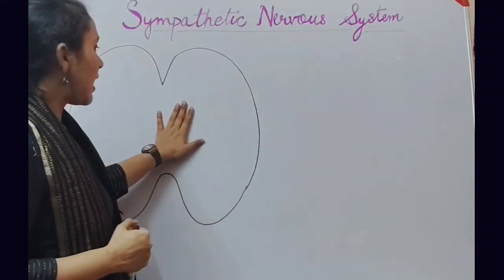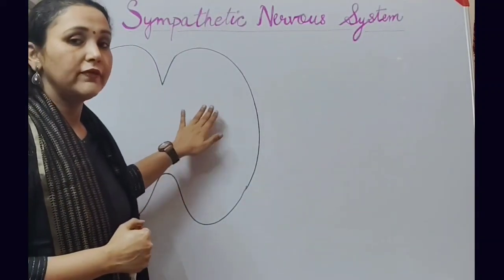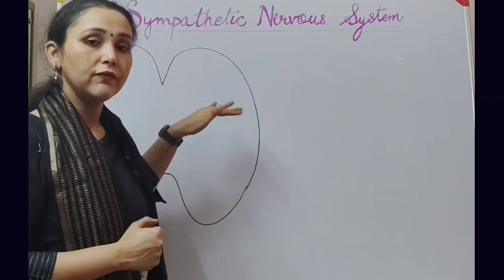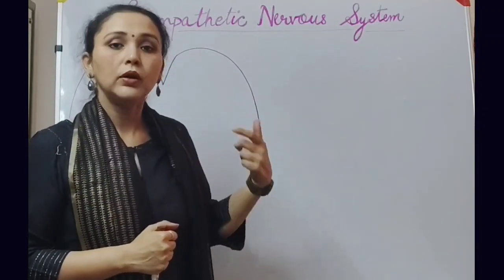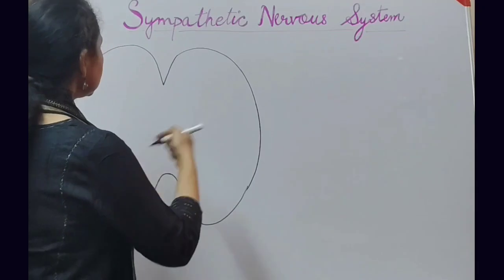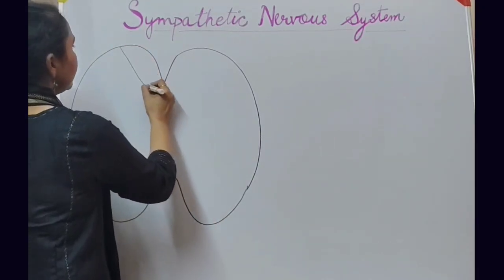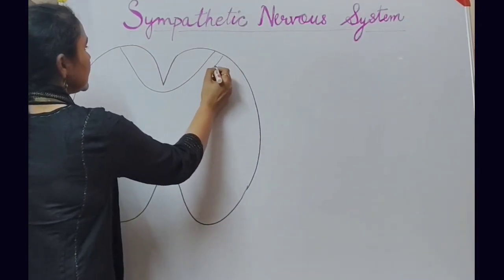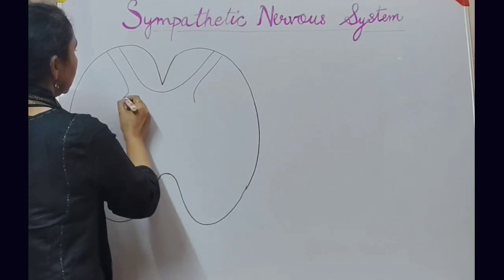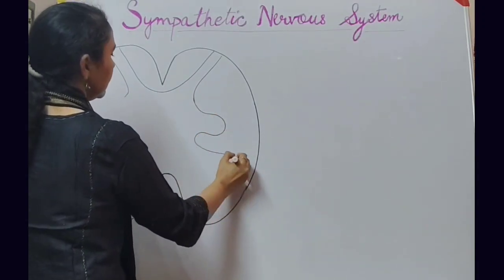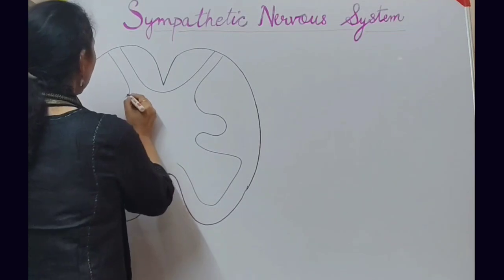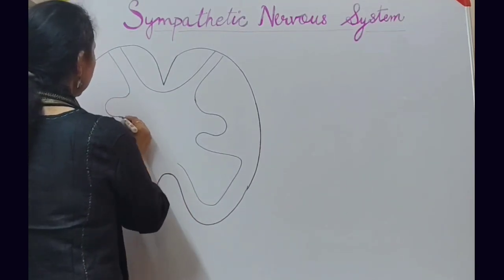So this is the basic outline of the spinal cord. If we take a section of it anywhere between T1 to L2, what will we see in it? See, this is an outline and then we have the gray horn. This is the way we draw the gray matter. Gray matter is in the center and the white matter is on the periphery.